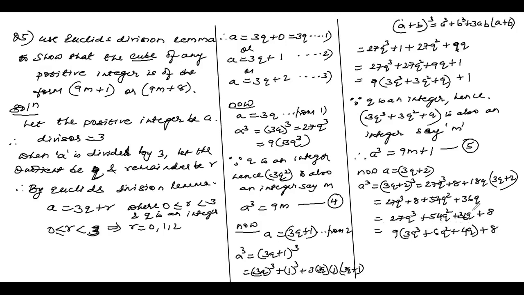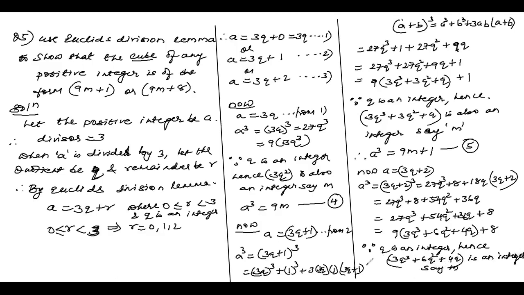Okay, children? Now you can clearly see here, since q is an integer, hence 3q cube plus 6q square plus 4q is an integer, say m.